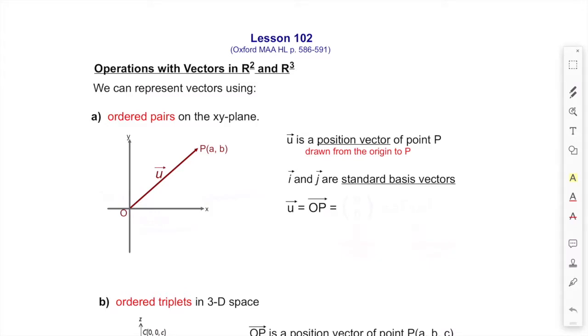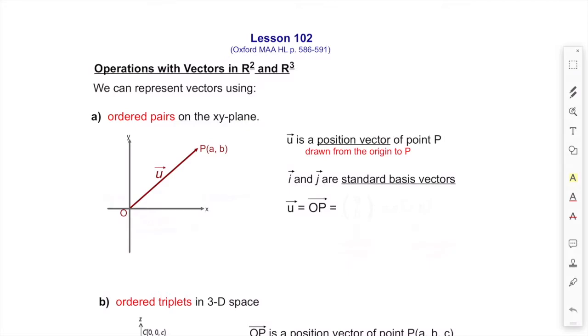Lesson 102. In this lesson, we're going to look at how we can operate vectors in 2D and 3D. So first of all, just recall that vectors can be represented as ordered pairs on the xy plane. So here, for example, we have vector u with its tail on O, the origin, and an endpoint or terminal point P at (a, b).